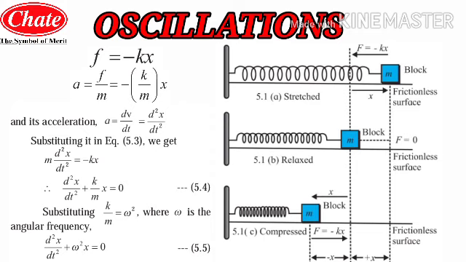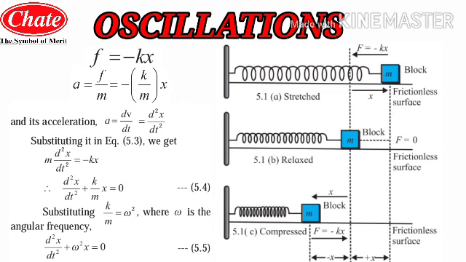After that we will rearrange this equation: the m goes to the other side, so it will be minus k by m into x. When this minus k by m into x comes to this side of the equality sign, it becomes d square x upon dt square plus k by m into x equal to 0. So this is the rearrangement that we have done.